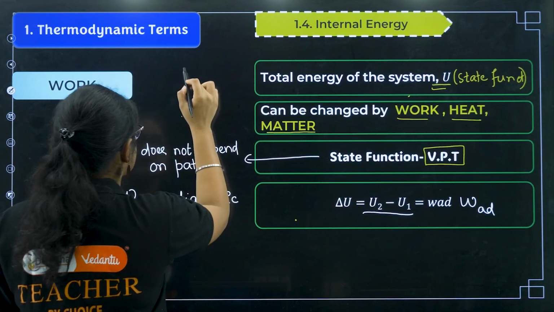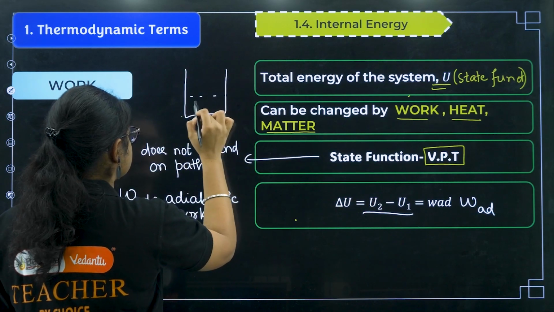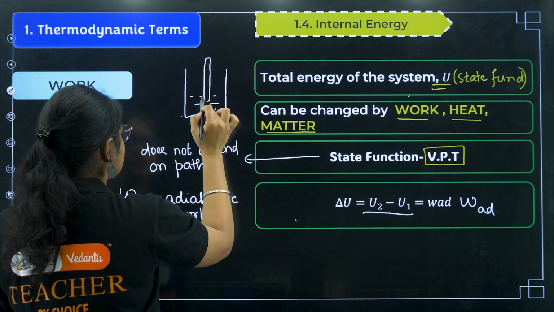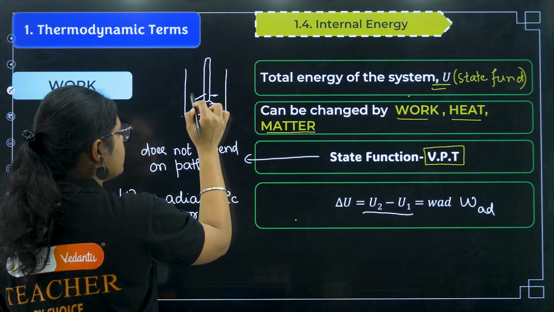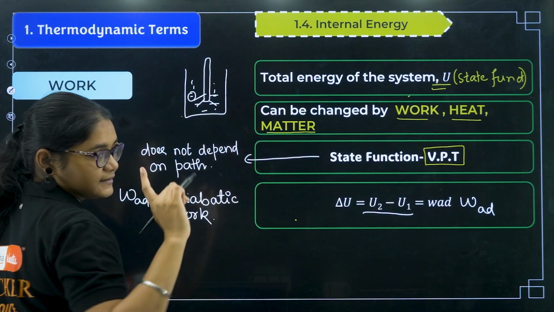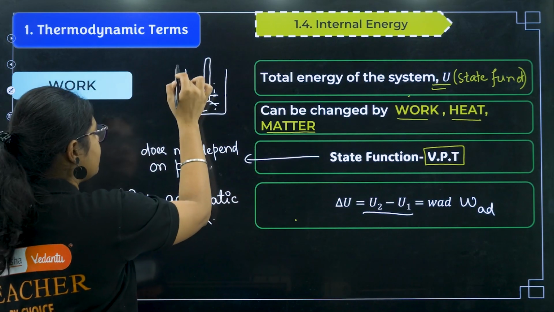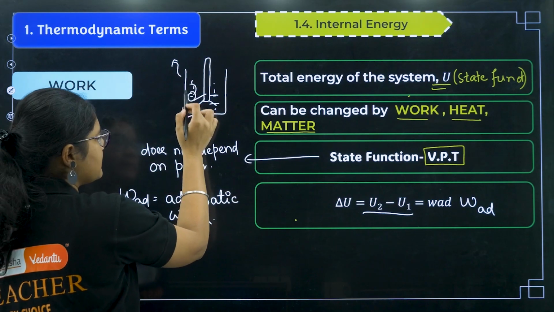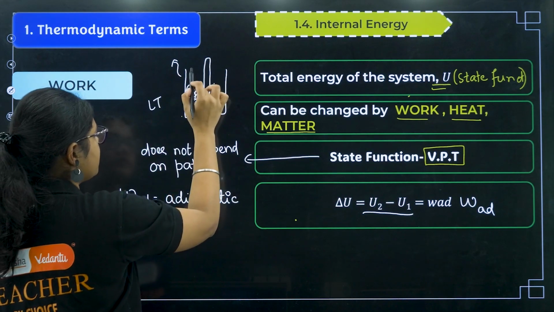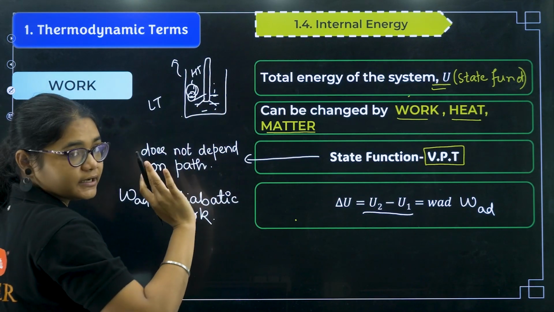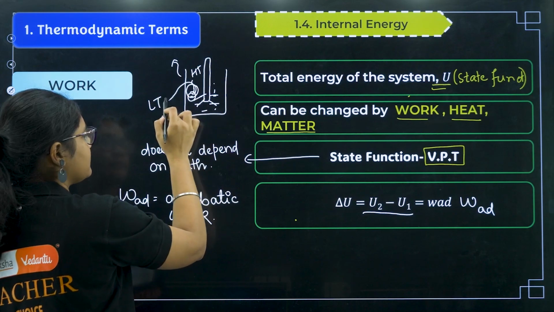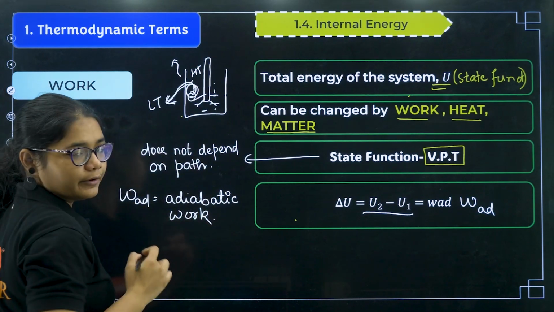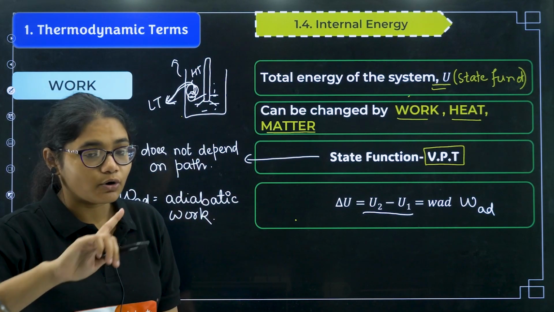Suppose we have particles here and you churned it. Now due to this the energy of the particles increases, right? But if it would have been a conducting wall, then what will happen? Suppose this is at low temperature, this became high temperature because of churning. So what would have happened? Heat would have flowed from high temperature to low temperature, right? The temperature rise would not have been there.